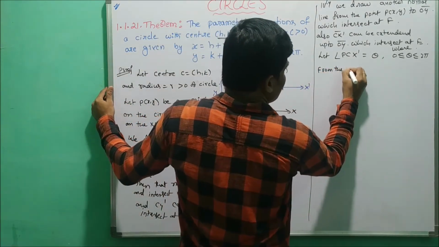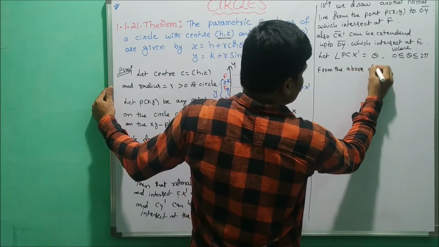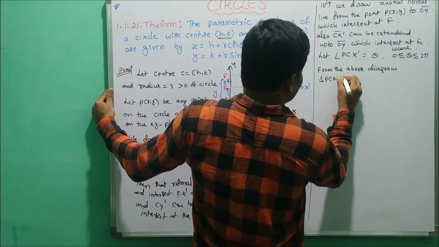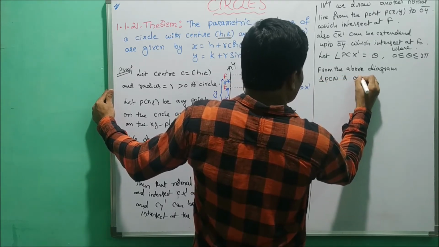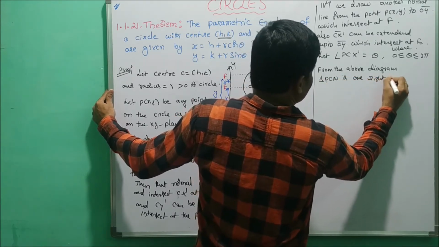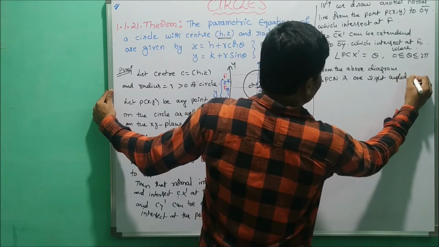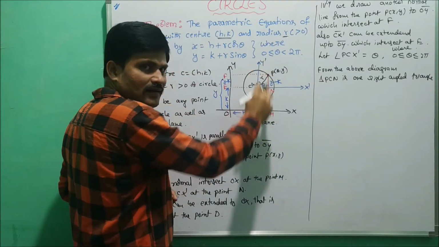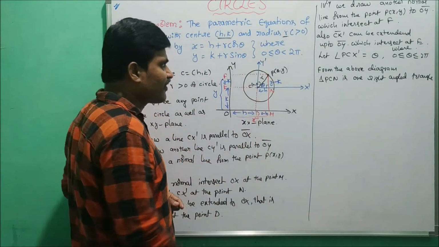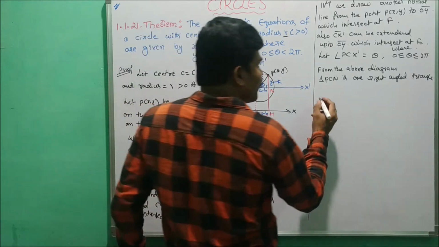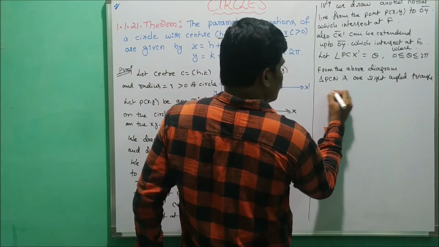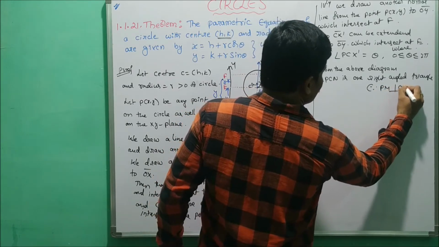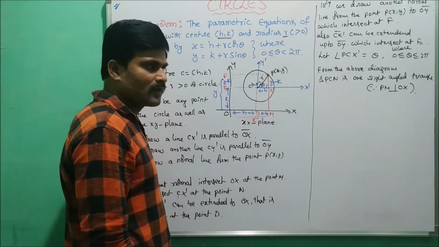From the above diagram, triangle PCN is one right angle triangle. Clearly, this is one right angle triangle because PM is the normal line to OX, since PM is perpendicular to OX.